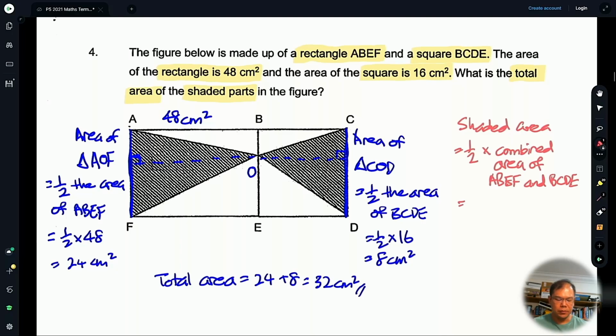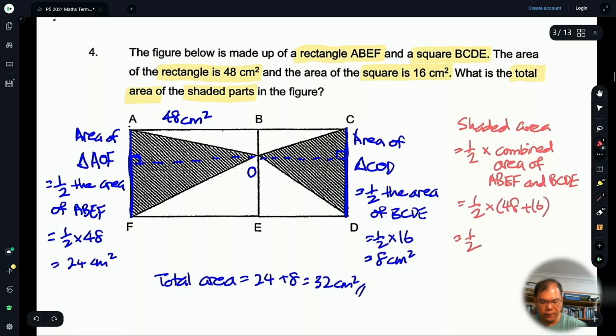Right, so let me figure out if this is correct. Yeah, let's try. So half times base, combined area would be 48 and 16. Okay, so half of 48 plus 16 will be 64.